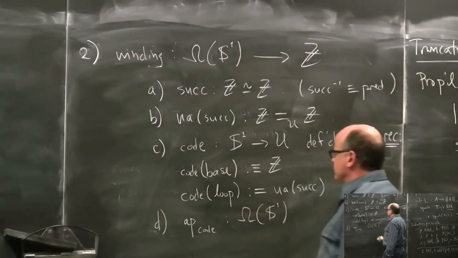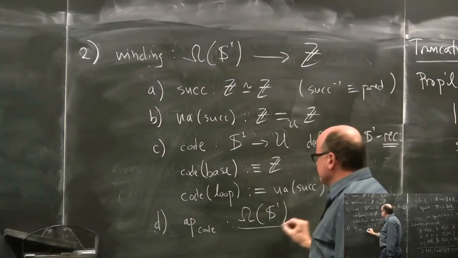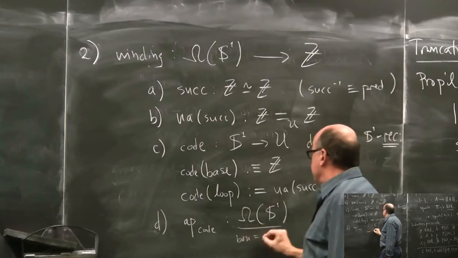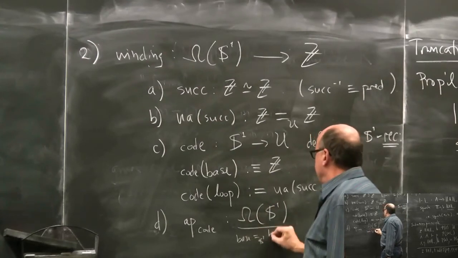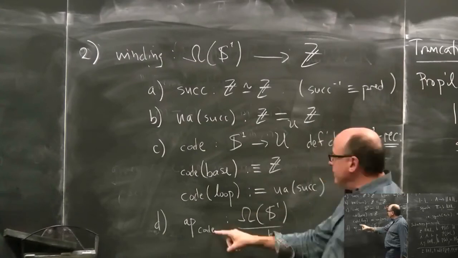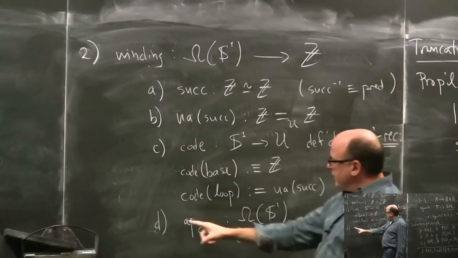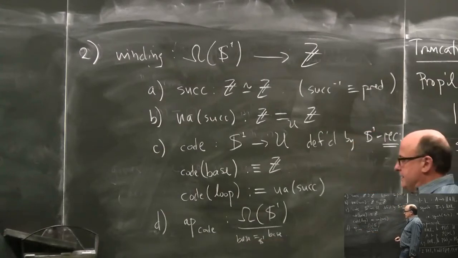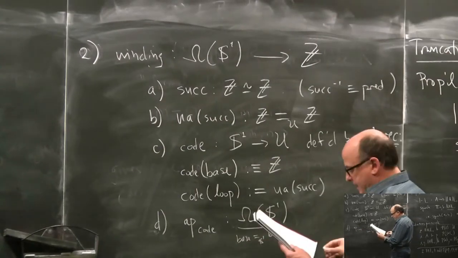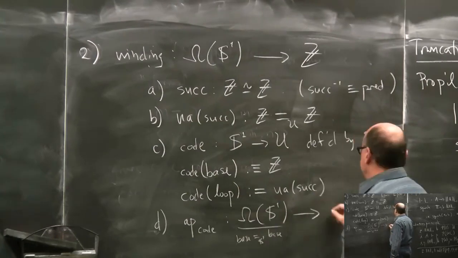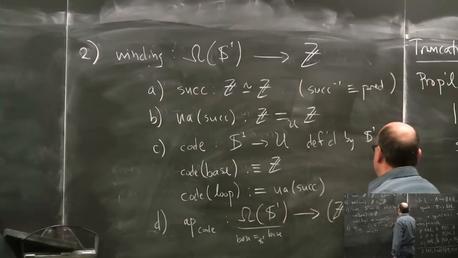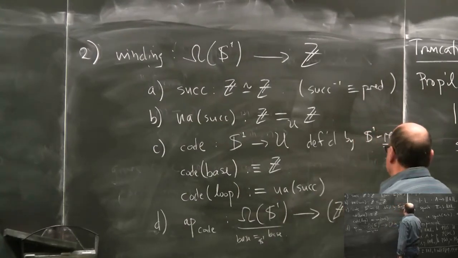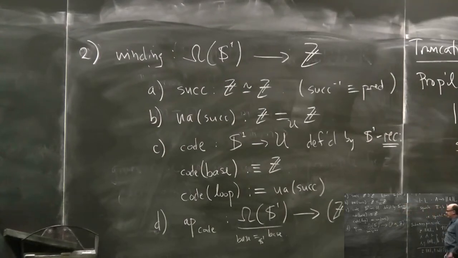Why is it going from the loop space of S1? Because by definition, this says base equals base in S1. So the domain of code is S1. So when I look at its action on paths, it's given here like that. And that goes over here to Z equals Z in U, which is written like that.